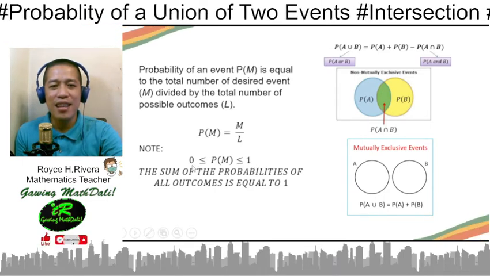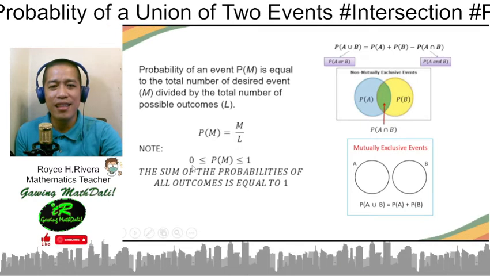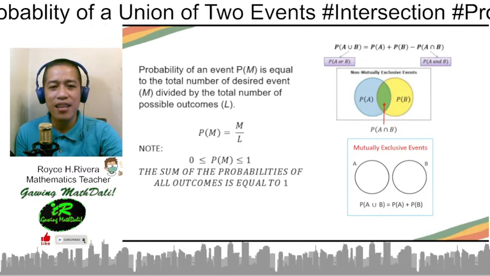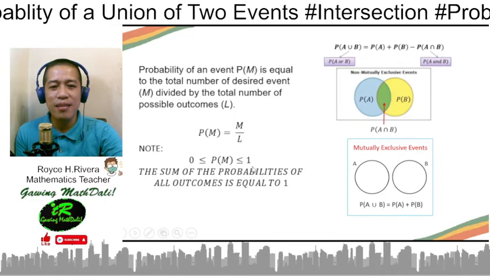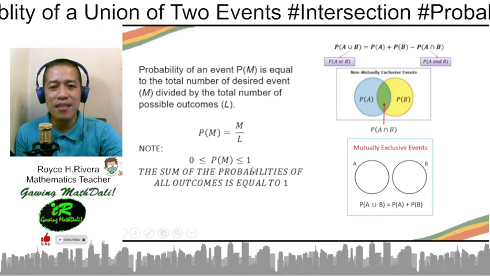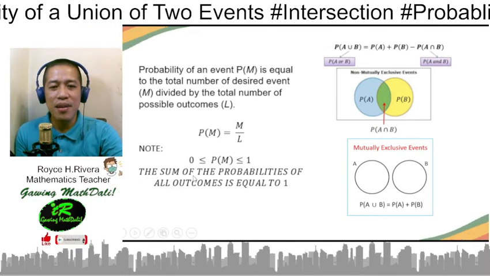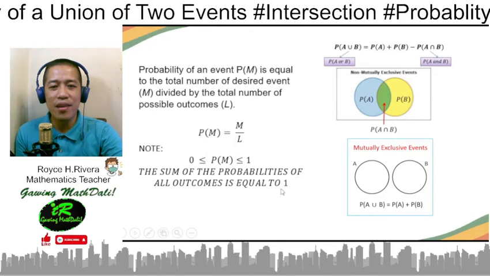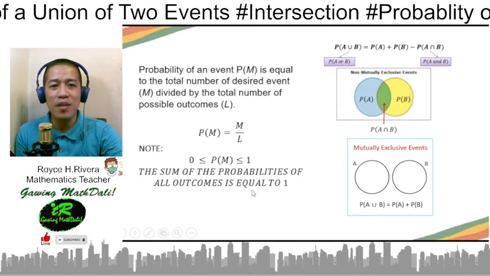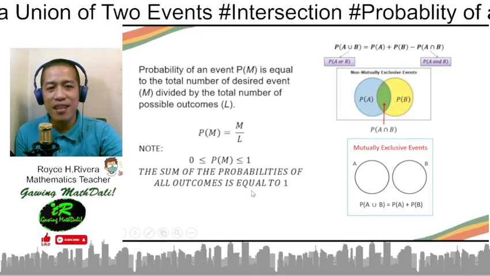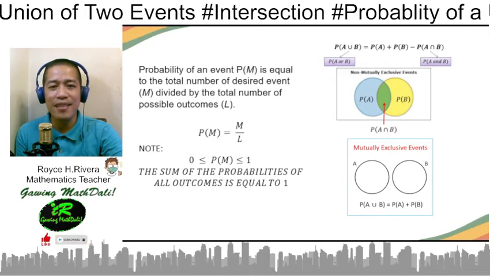Tandaan nyo ha, hindi pwedeng less than 0 ang resulta at hindi rin naman pwedeng more than 1 ang resulta. The sum of the probabilities of all outcomes is equal to 1, or in percentage, 100%.